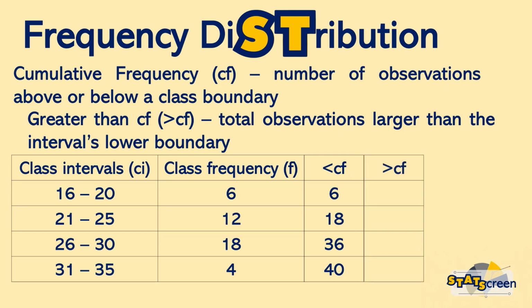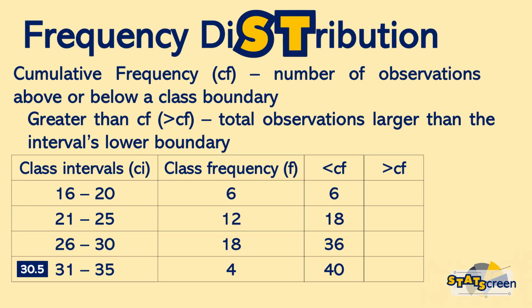So if I'm going to add it here, greater than cumulative frequency, and determine the lower class boundary of the last interval, which is 30.5, we are to count the number of observations that are greater than 30.5.